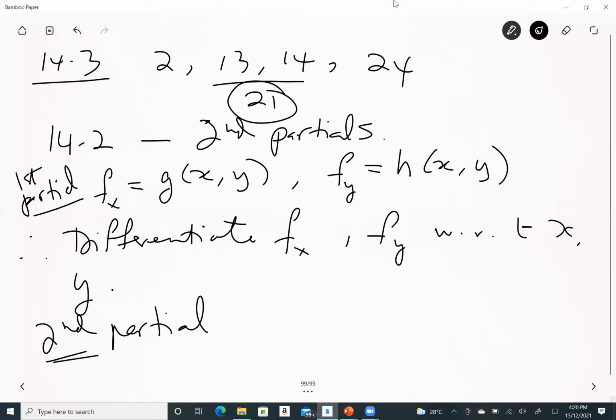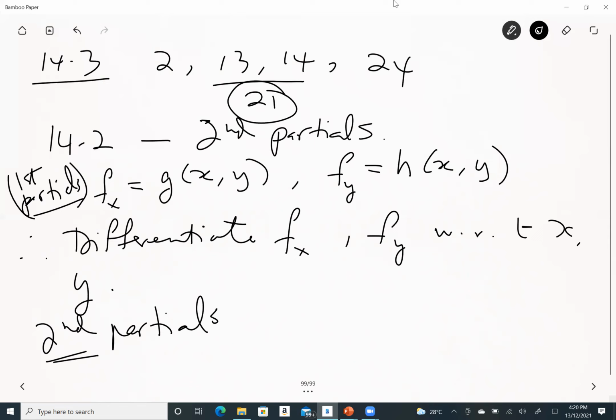It's like a family: the function is your parent, the first partial is you, and the second partial is the grandchildren, that means your children. So you have second partials, with an S because there is more than one.